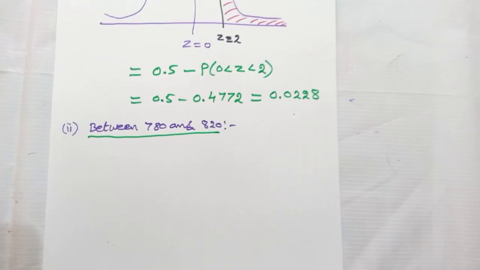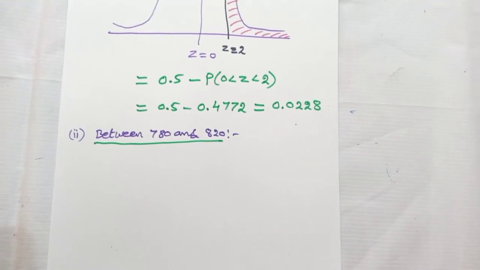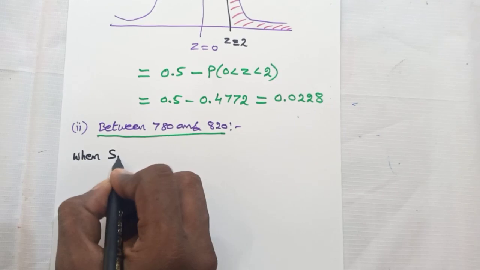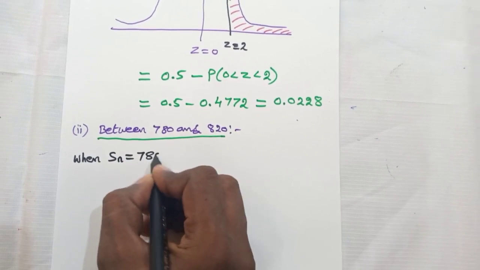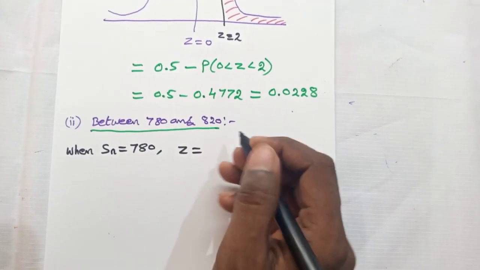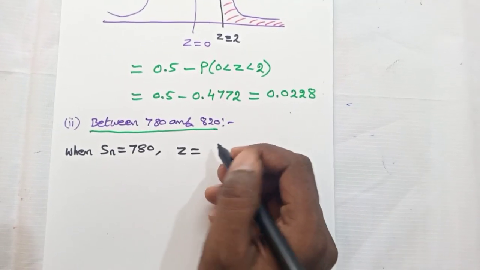So here, when Sn is equal to 780, Z equal to what? We have a formula, Z equals Sn minus 800 divided by 20.